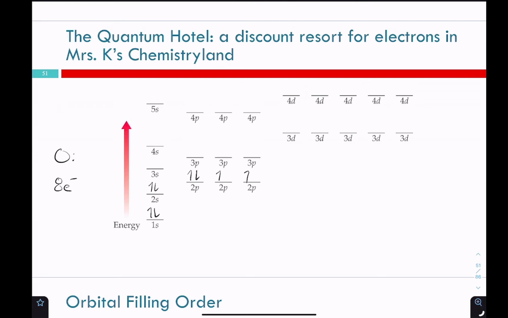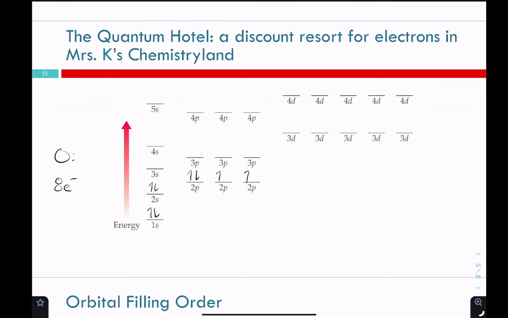Yeah? I'm just confused. Why do the p levels start at 2 and then the d level starts at 3? Because quantum physics. I do not know the specific reason for that.